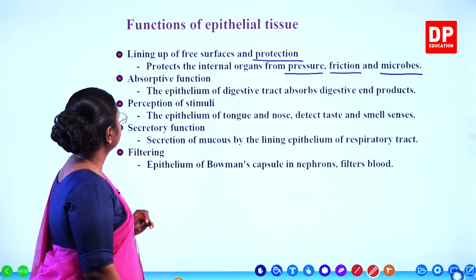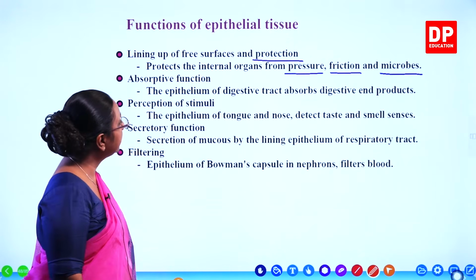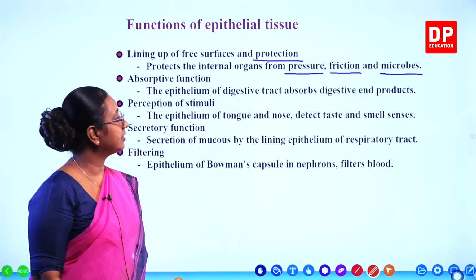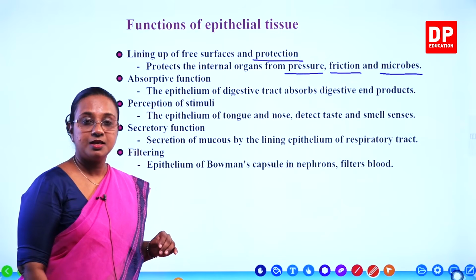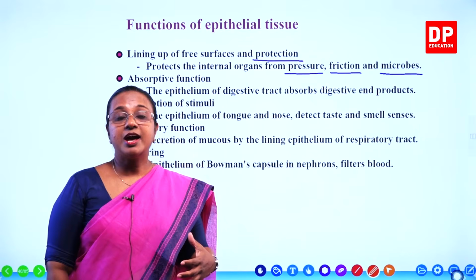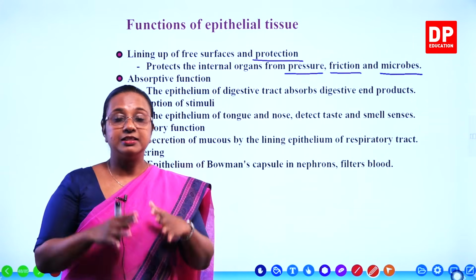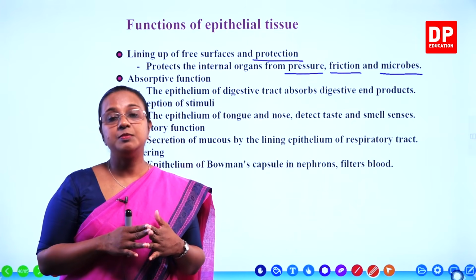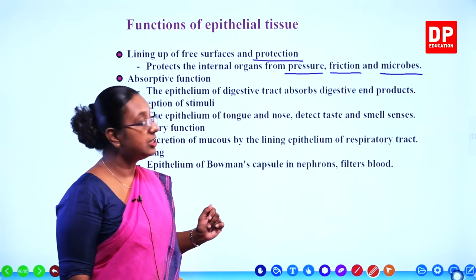The next function, absorptive function. The epithelium of the digestive tract absorbs digestive end products. As I explained before, our digestive tract is a tubular structure. So the inner lining, the inner surface of this tubular structure, is lined with epithelial tissue.